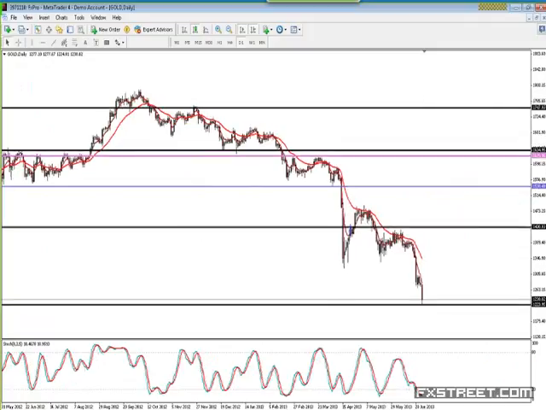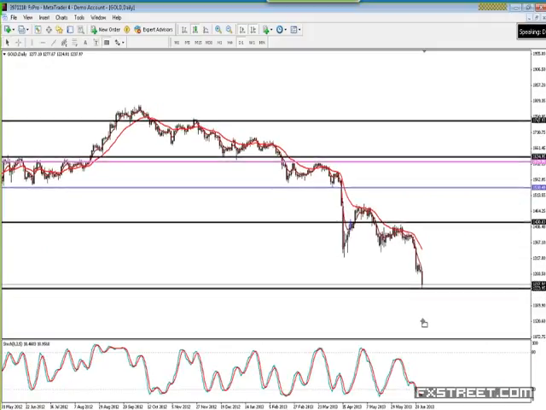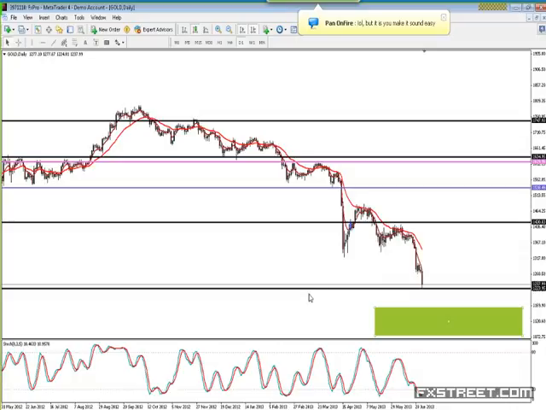So I'm looking at this saying, hey, it's a big green zone, the big weekly green zone for gold. That said, it's just been at it a long time.